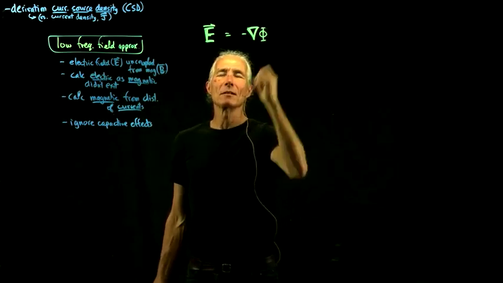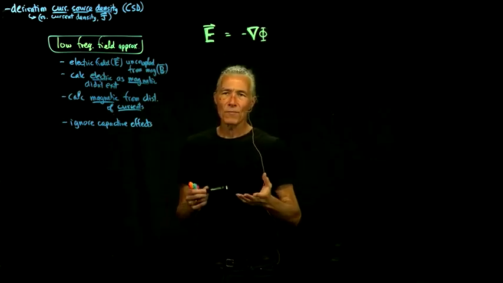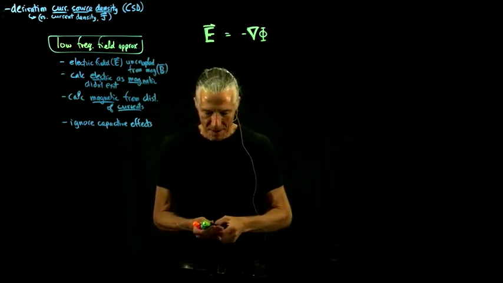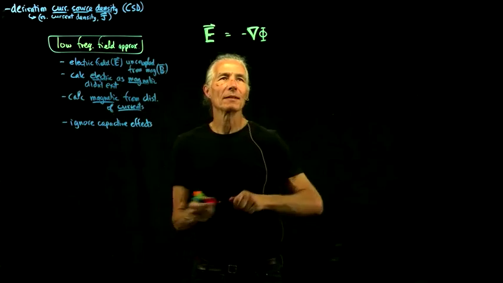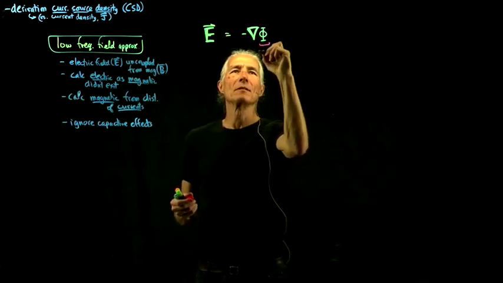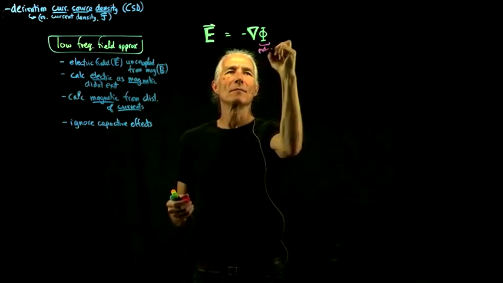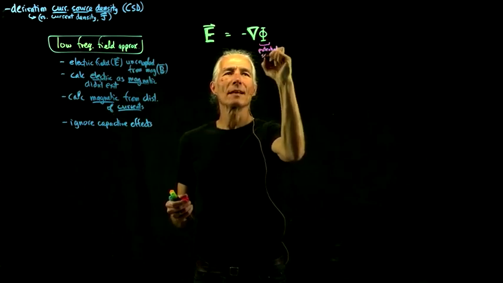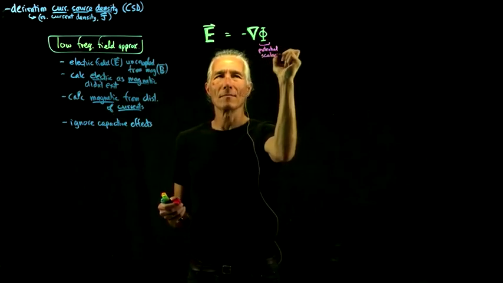And the potential or the voltage is a scalar. This guy's the potential. You can think of it like the pressure. Potential is a scalar. It's just a number, not a vector.